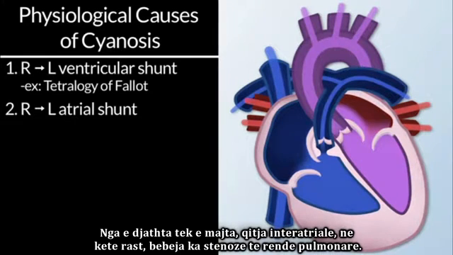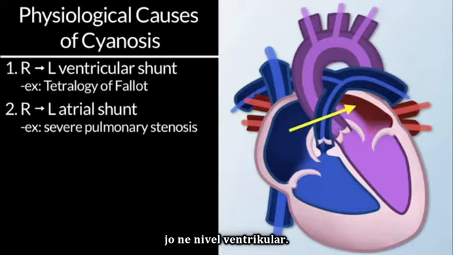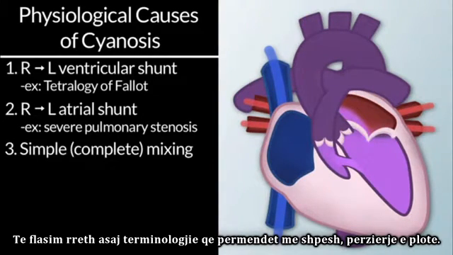Right to left intra-atrial shunting. In this case, it's a baby that has severe pulmonary stenosis. The obstruction to blood flow from the right ventricle to the pulmonary artery is so severe that an entire cardiac output cannot be ejected into the lungs, and hence there's a considerable amount of right to left shunting at the atrial level, not ventricular level. Let's talk about what I might term simple, or perhaps more commonly termed, complete mixing.